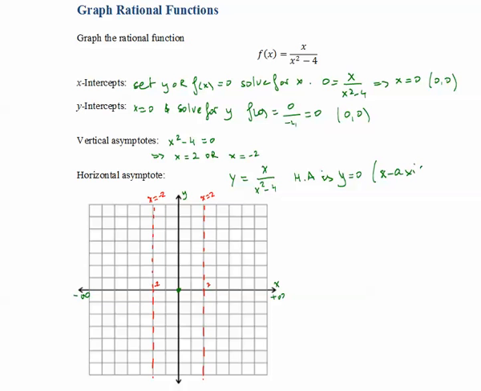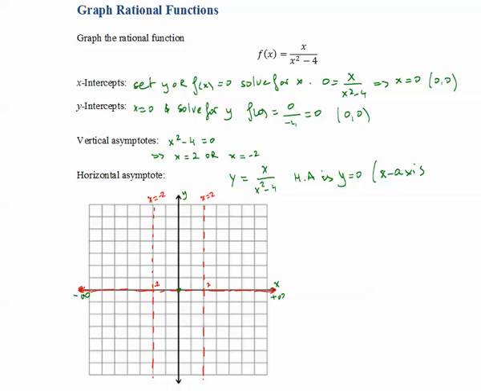I'm going to write it down here in red, so we know this is an asymptote. The function may cross this asymptote in the middle, but as x approaches infinity or negative infinity, the function will be closer and closer to the asymptote, or the line.